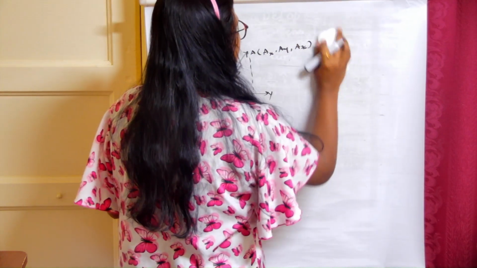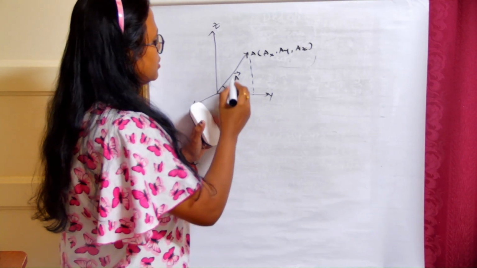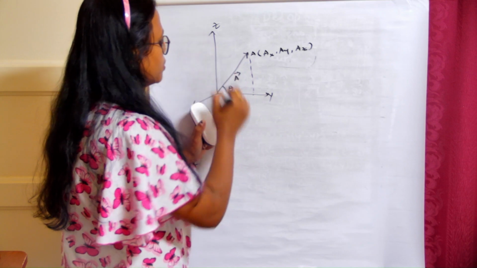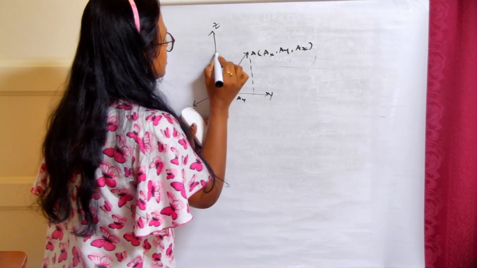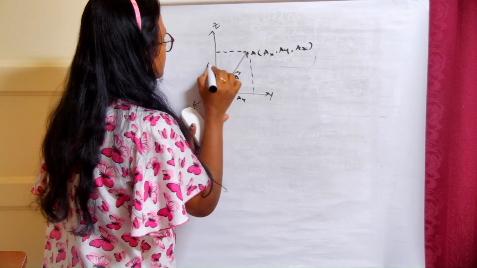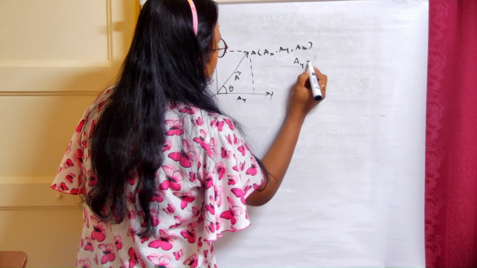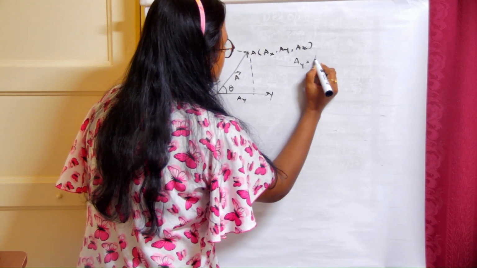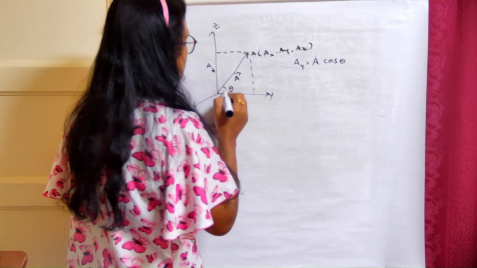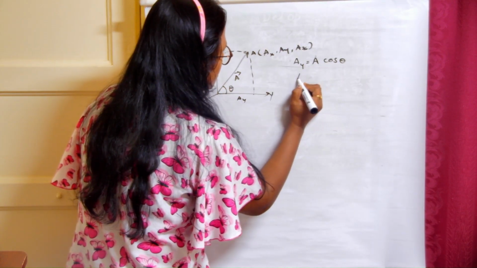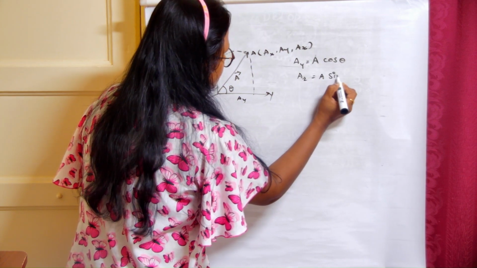As we are keeping x as the constant, we will be focusing on the y component and z component of the vector. The y component will be Ay and the z component will be Az. So Ay you can write as A cos theta, because it's making an angle theta with the y-axis, and Az will be A sin theta.